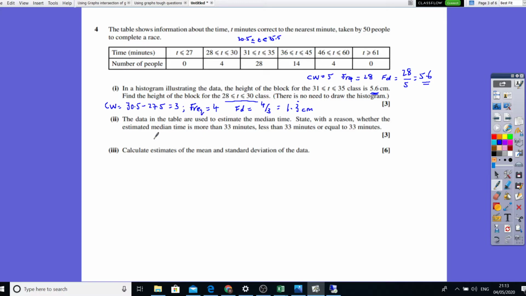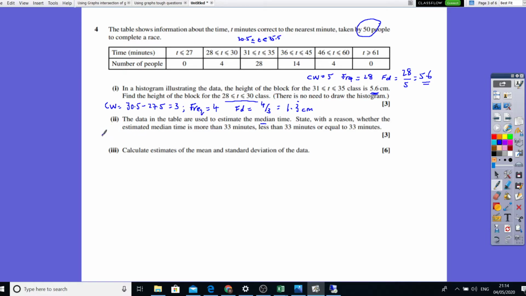Right, the next one. The data in the table are used to estimate the median, which is the middle value once they're all in order. State with reason whether the estimated median is going to be more than 33, less than 33, or equal to 33. Now, first of all, let's think what the total is here. 50. So I need to find where the halfway value is.